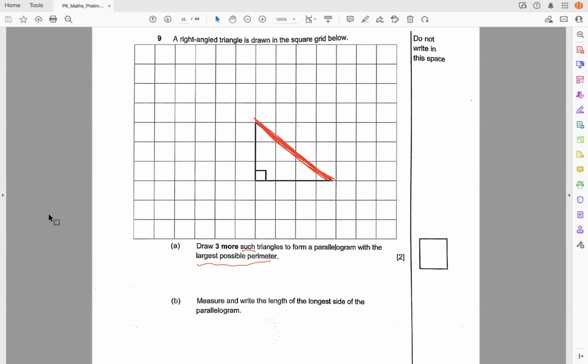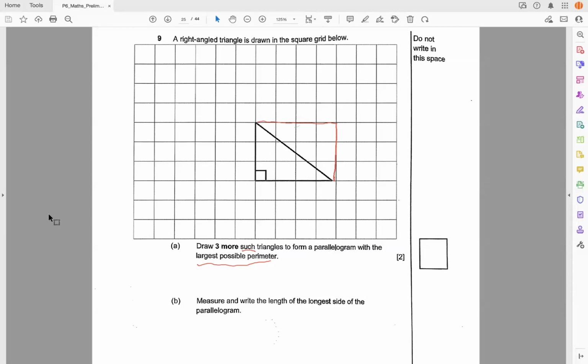For those who got it wrong, I guess you do it this way. One triangle.